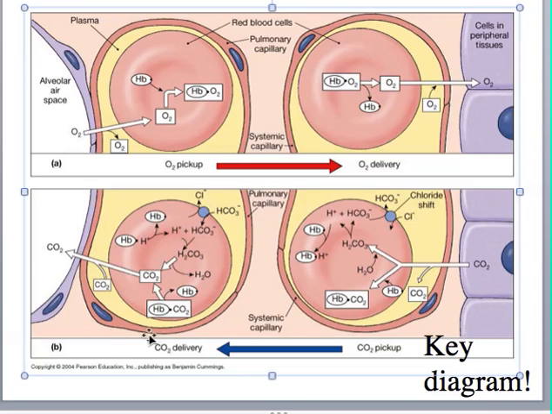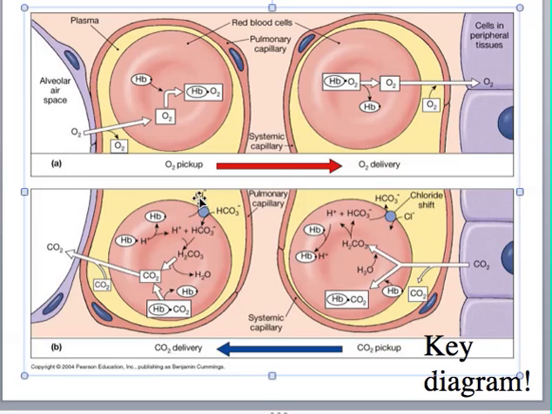Here we are at the pulmonary capillary, and let's look at what happens. Our CO2, remember, is carried. Some of it is in the form of bicarbonate ion in the plasma, just like we left it here. It's going to come back into the cell.